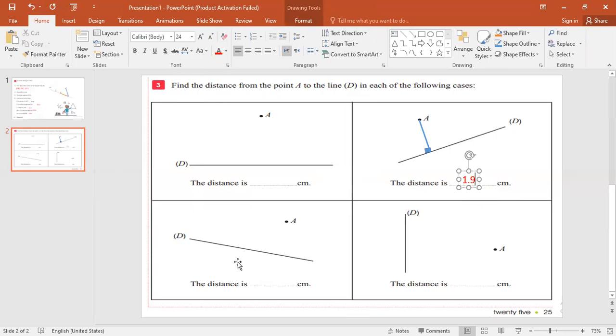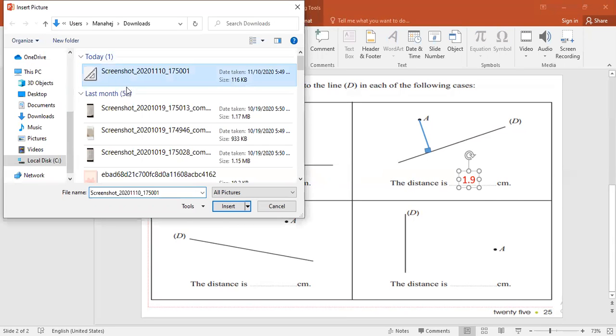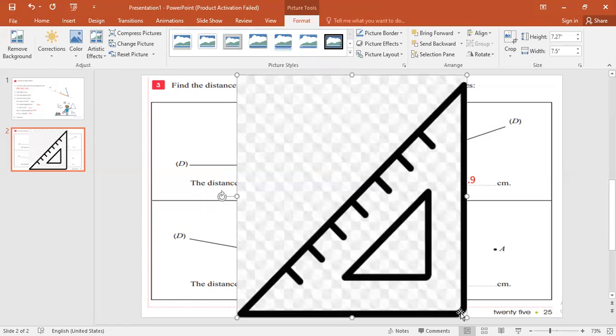Now we will do this one. We will find the distance from A to D. We do the same steps. We take the set square.